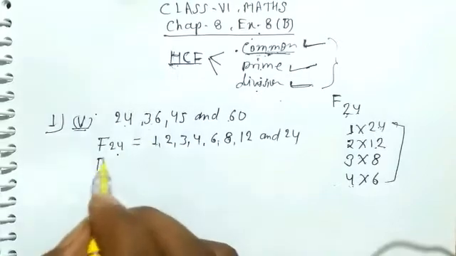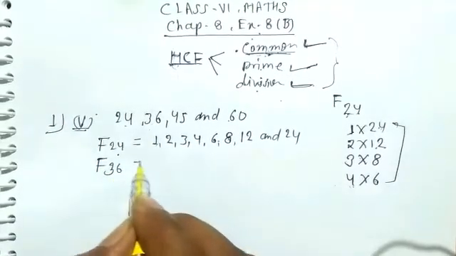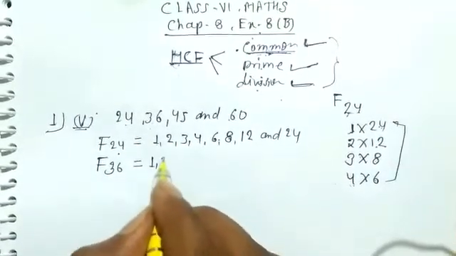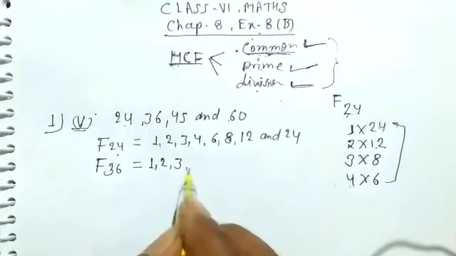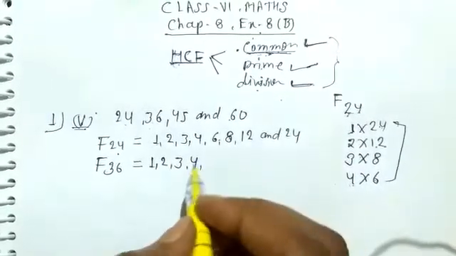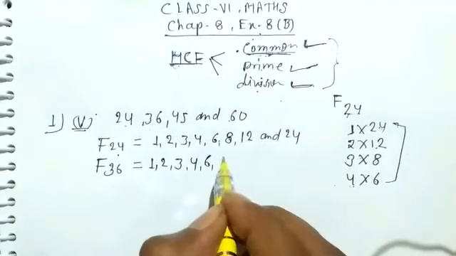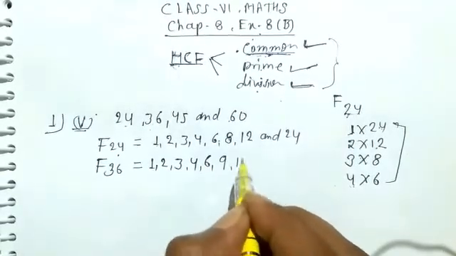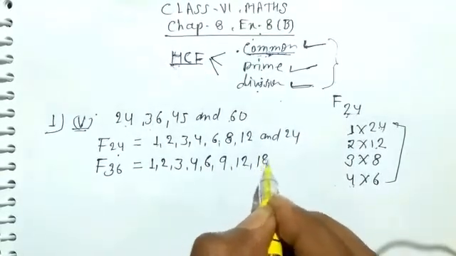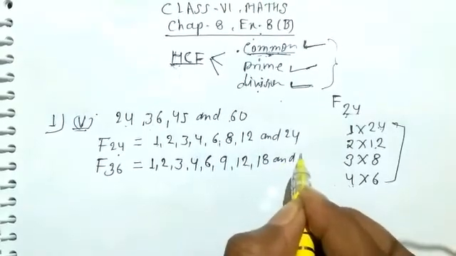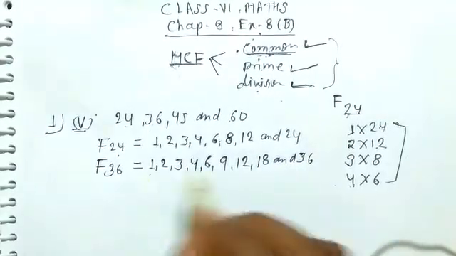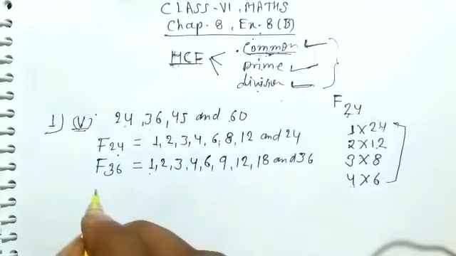Similarly, the factors of 36 will be 1, 2, 3, 4, 6, 9, 12, 18 and 36. 1 and the number itself are factors of all numbers.